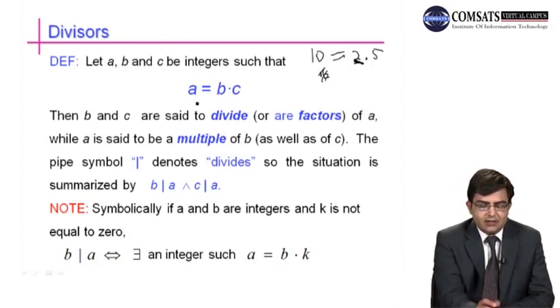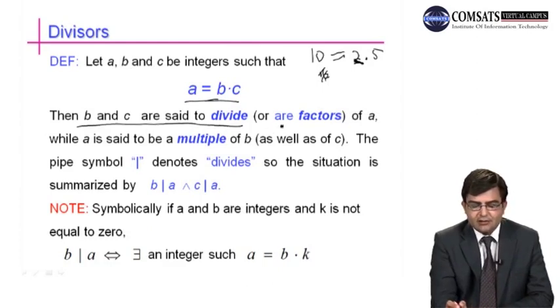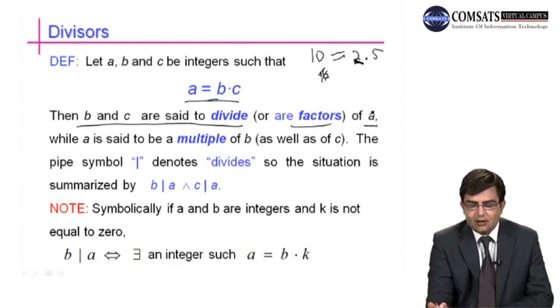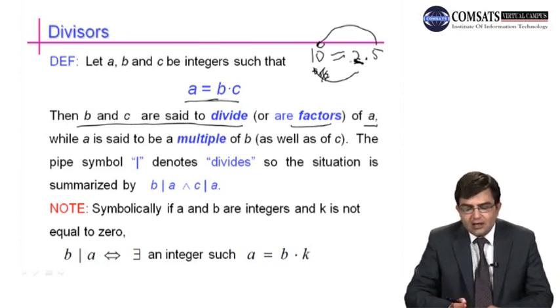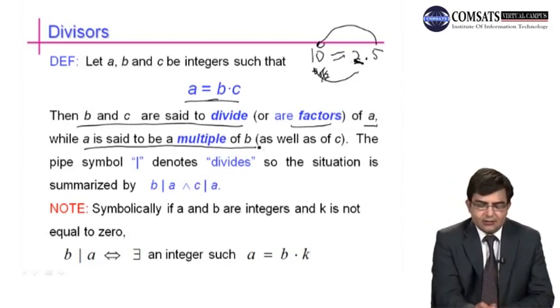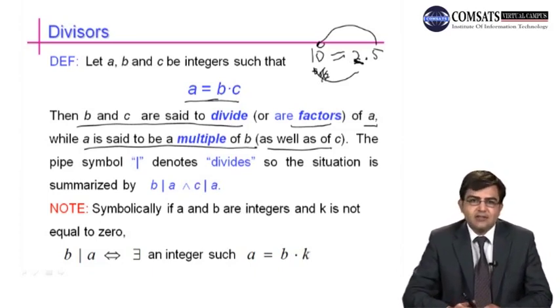Here we can say that if we can write A in terms of B and C, then B and C are said to divide, or are factors of, A. Here 2 divides 10, 5 also divides 10. We say that 2 and 5 divide 10, or that 2 and 5 are factors of 10, and A is said to be a multiple of B as well as of C. 10 is said to be a multiple of 2 and 5.